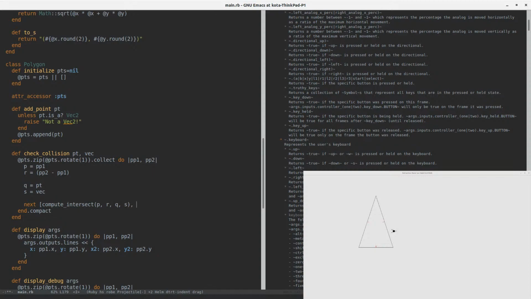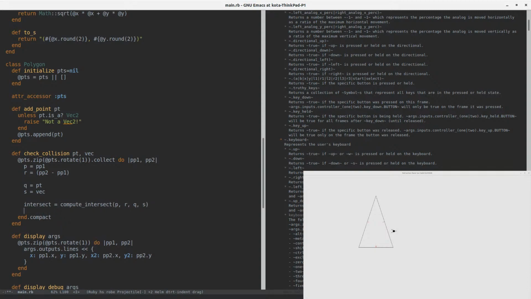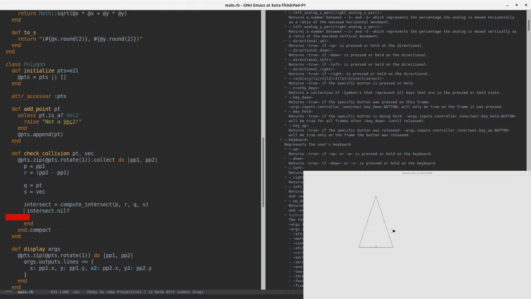So next on, does this make sense? Compute intersect. Intersect equals that. And if intersect.nil?, we'll do unless, and we will just do next on intersect, comma, what am I missing here?